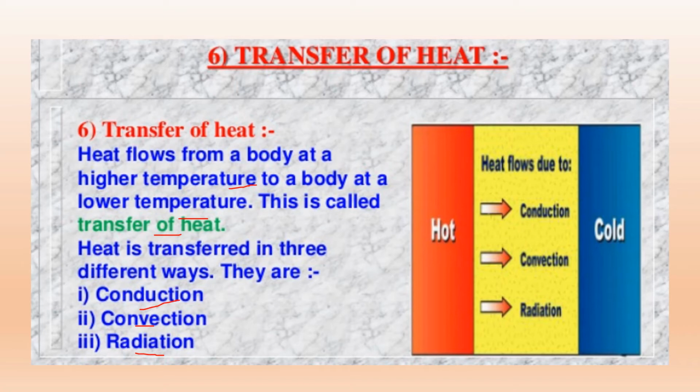Over here in this picture we can see that the heat flows from a hotter object to a cooler object. Now this heat flow can occur in three ways. The first one is conduction, the second one is convection and the third one is radiation. And these three ways are the types of transfer of heat.